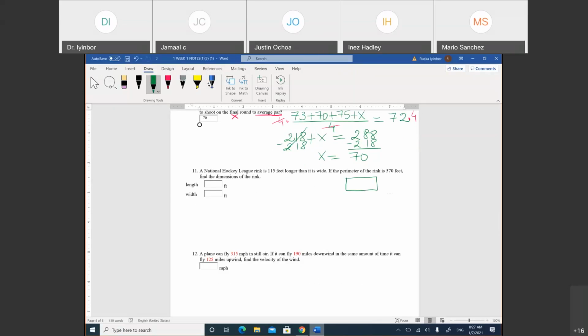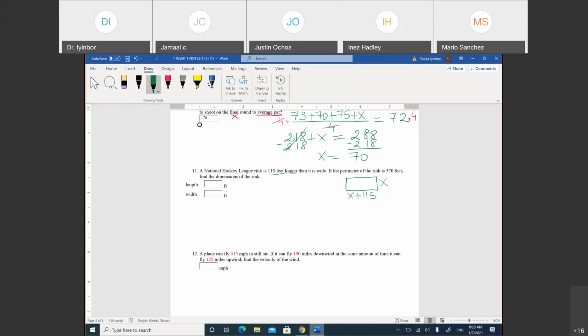So let's say it's X wide, and it's 15 longer. So one side is X, we don't know. The other side is X plus 15 because longer means plus. And then the perimeter is 570.